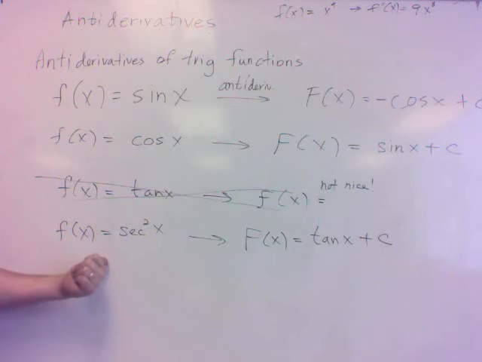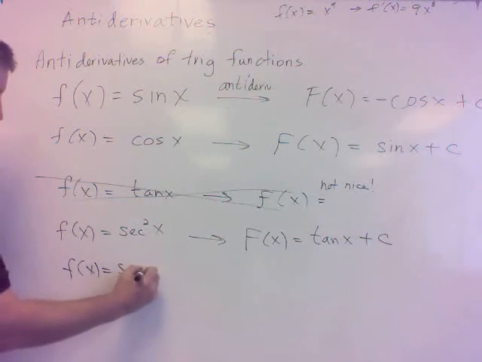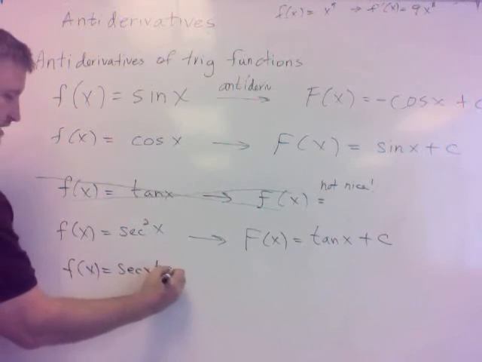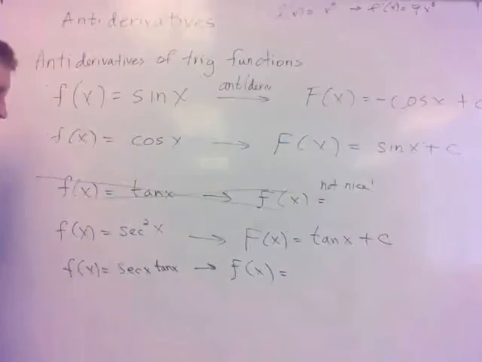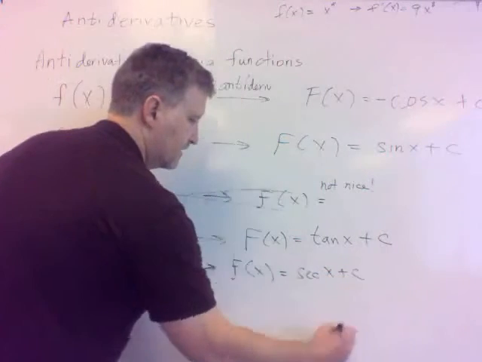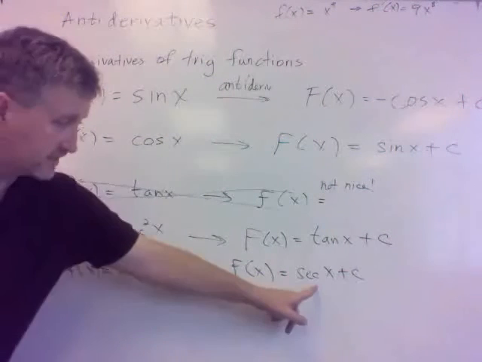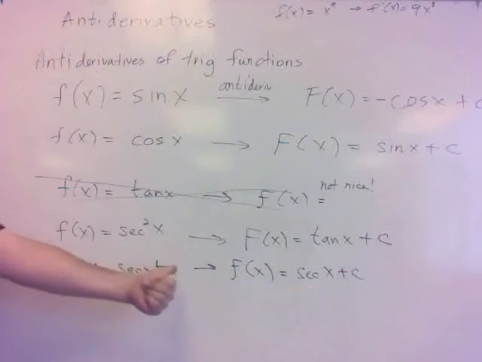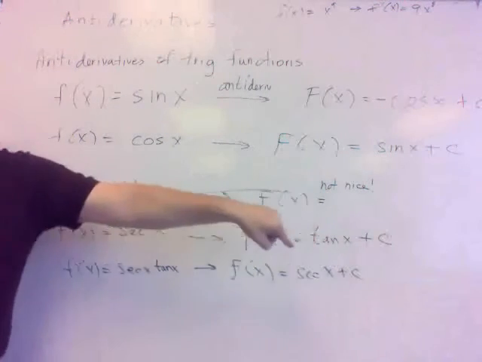What would be another nice antiderivative? Secant x tangent x. What's the antiderivative? Secant x. With me? Why is that? Because the derivative of secant x is secant tangent. So the antiderivative of secant tangent is secant.